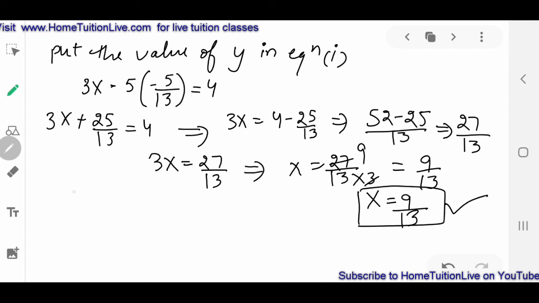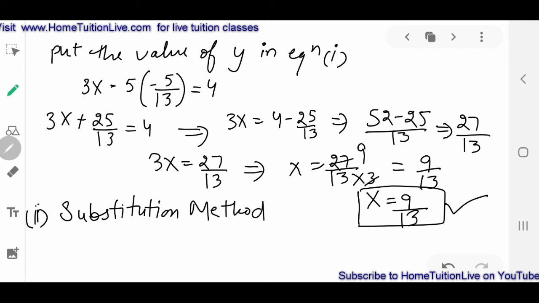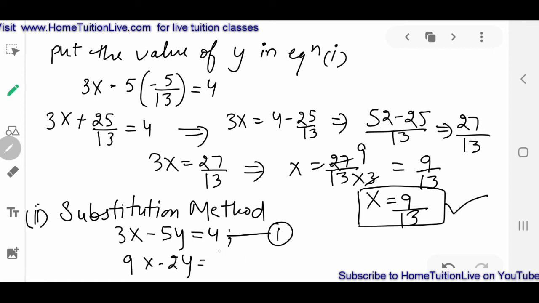Okay. Now by the substitution method, we have equation 3x minus 5y equals 4, and this is equation 1, and the second equation is 9x minus 2y equals 7.